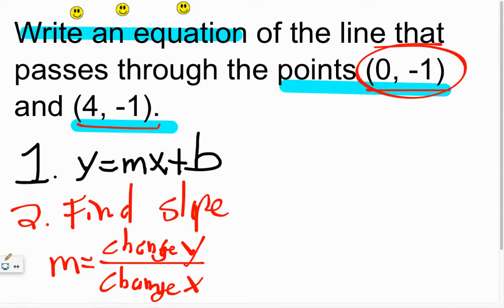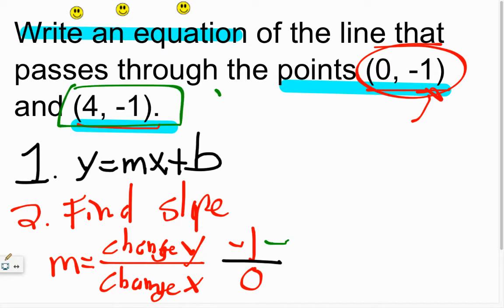What is the y value in this point? A -1. So I'm going to write that in. -1. And its x value is 0. So I'm going to write them that way because what I really want to focus in on is the change in y. So then I'm going to come over to this point and get its y value and plug that on in over its x value.